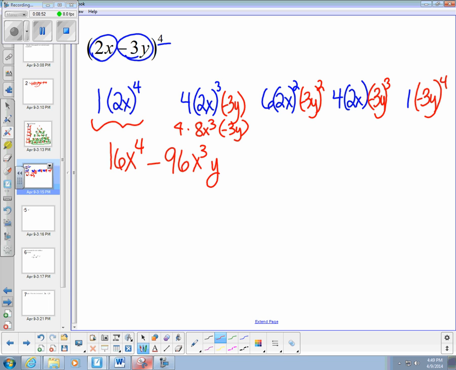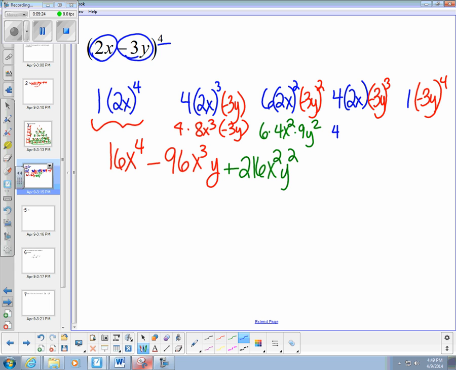Okay, now let's take the next one. 2x squared would be 4x squared, so 6 times 4x squared. And then negative 3y quantity squared, negative times negative is positive 9y squared. And when I multiply 6 times 4 times 9 and x squared, y squared, I'm going to get plus 216x squared y squared. Okay, now let's do the same thing on the next set.